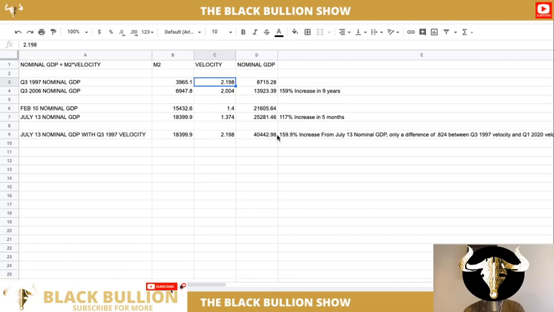40,442.98. So that would be a 159.9% increase from the actual nominal GDP if we had just a 0.824 increase in velocity.